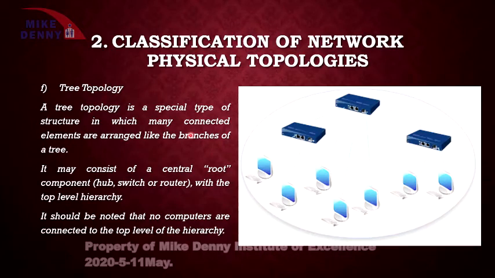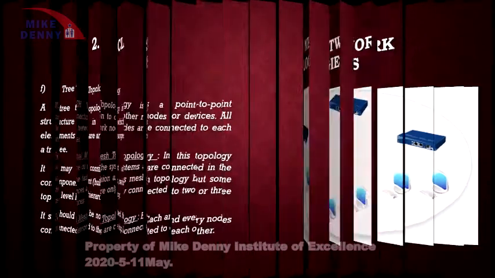We can use here a technique called daisy chaining, in which a hub or a switch is connected to another hub or switch. What you can see here, we have this device, that is the root, connected to another switch or router before joining the computers. And it's really interesting.